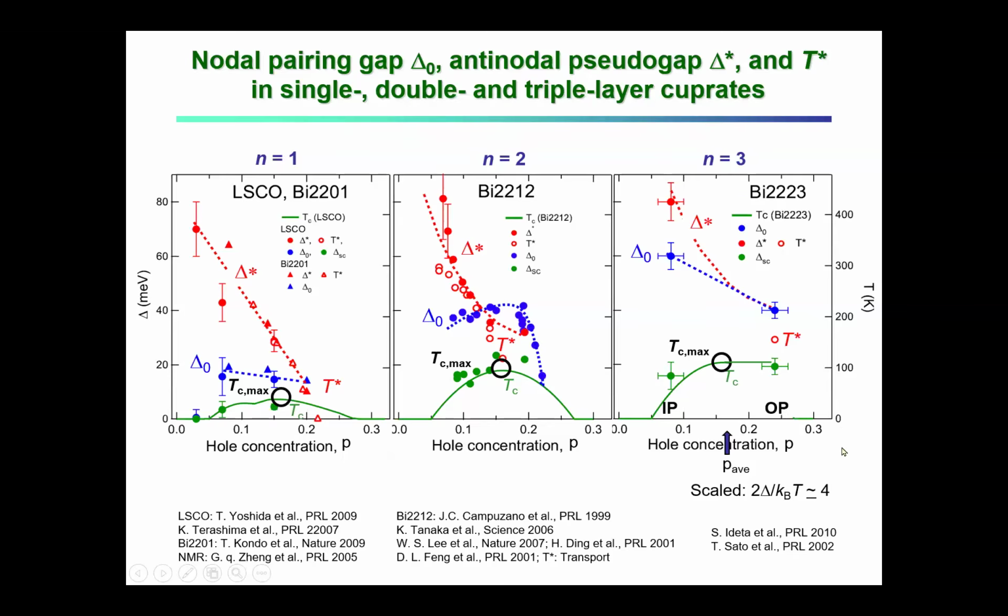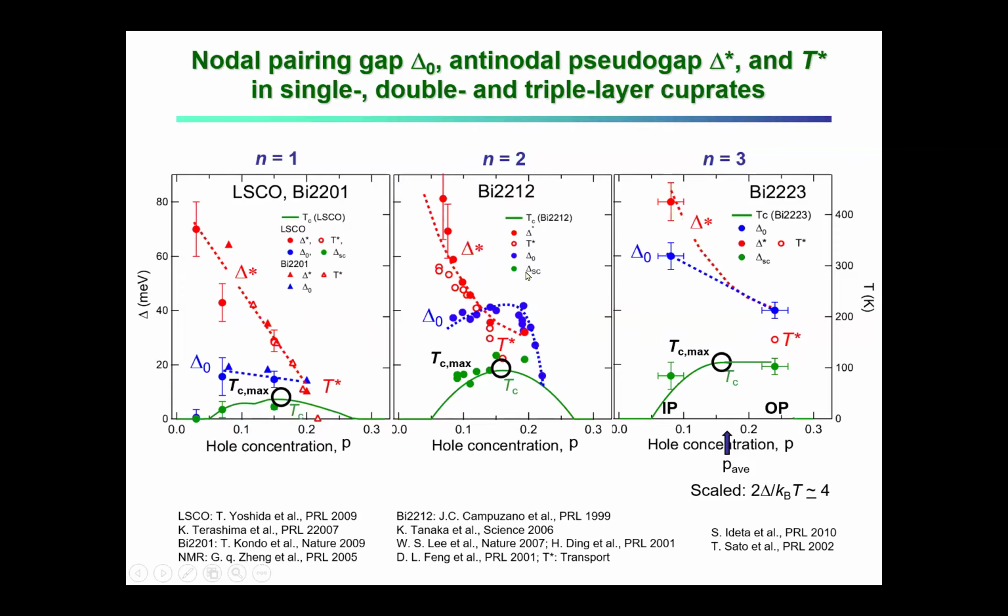Since we had only one doping at that time, we plotted inner plane and outer plane at different positions on the horizontal axis, and constructed a similar phase diagram, or doping dependence, of the pairing gap and pseudo gap.